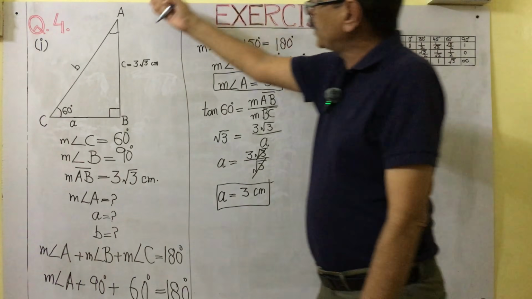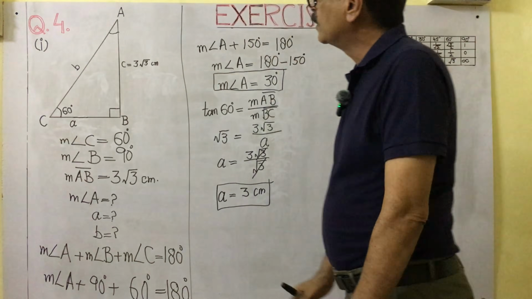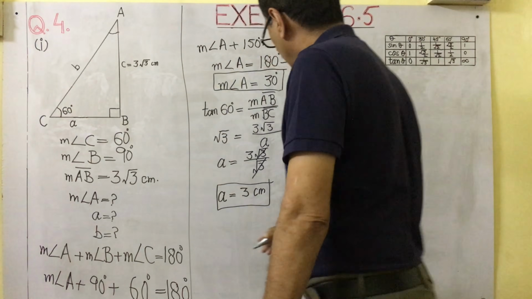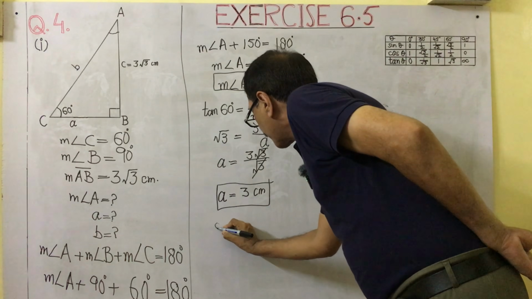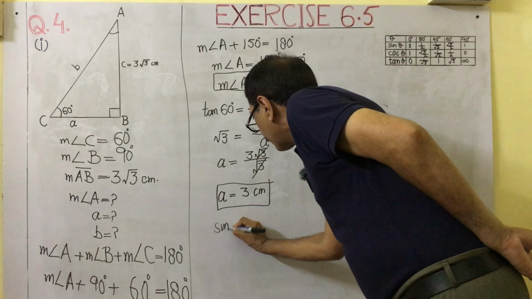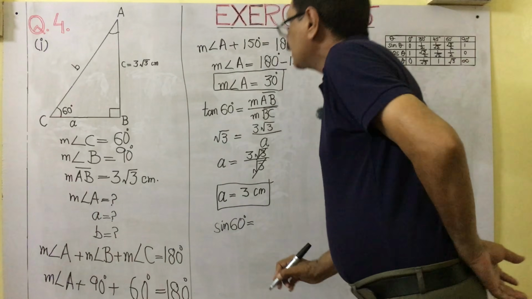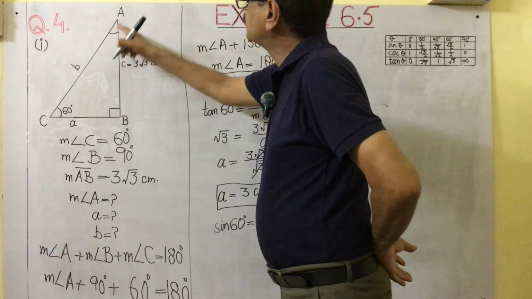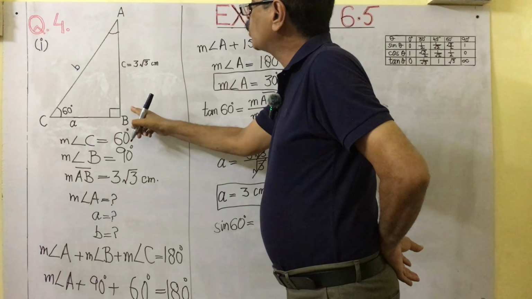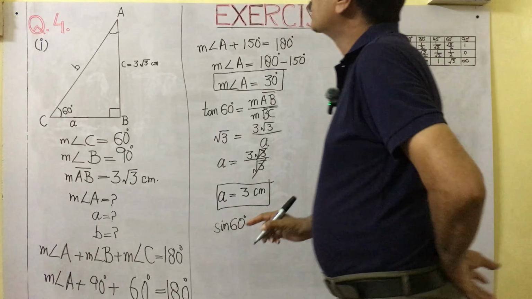Again in right angle triangle ABC, sine of 60 degrees is equal to perpendicular over hypotenuse.